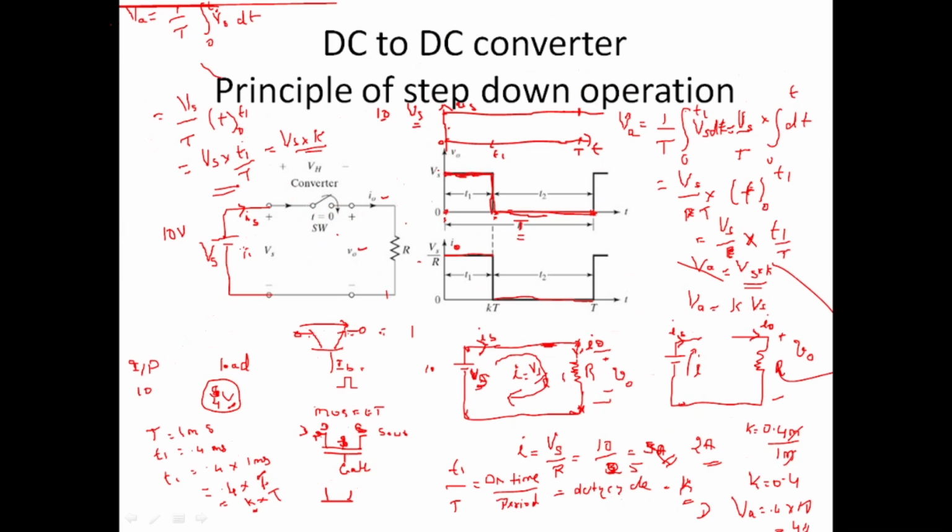For example, if 10 volts is there and a 1 volt drop exists here, what is delivered to the load? 9 is delivered.